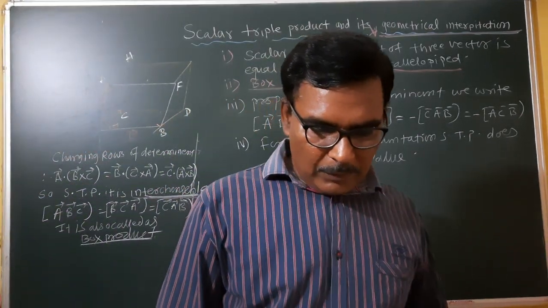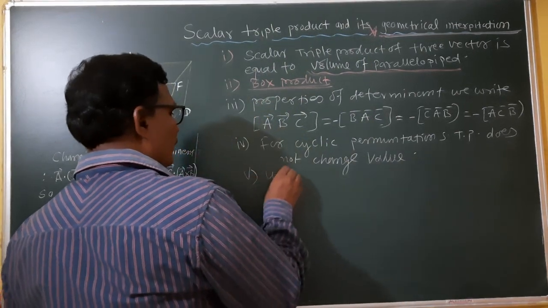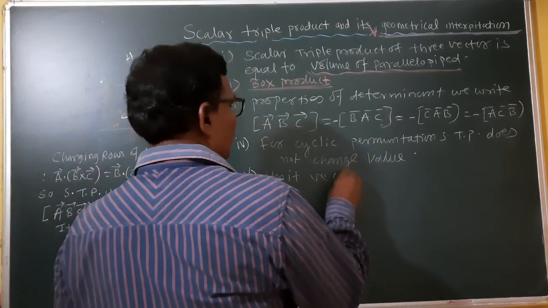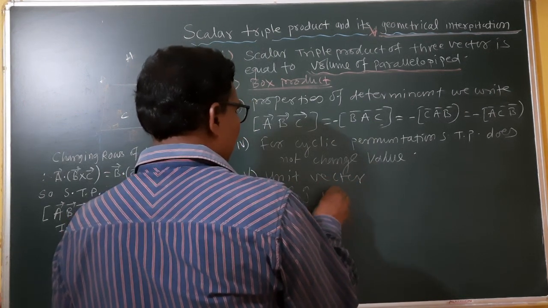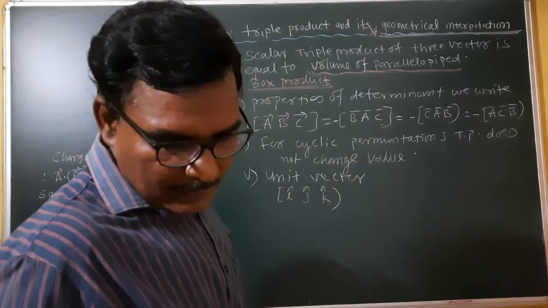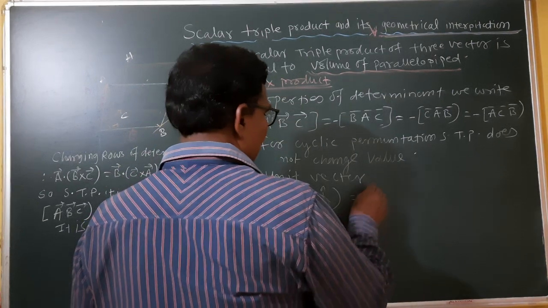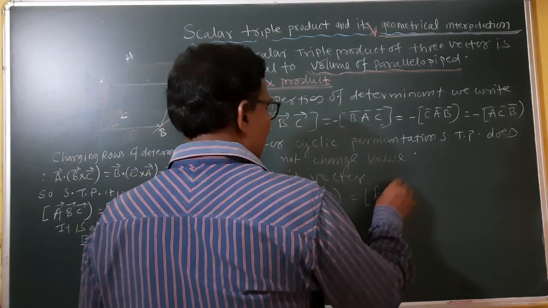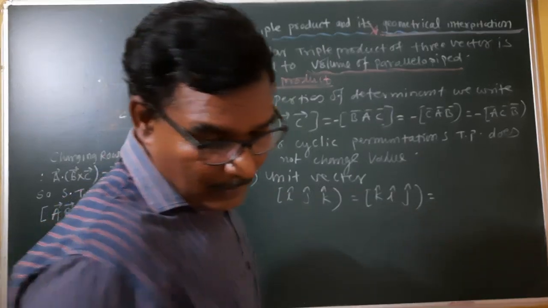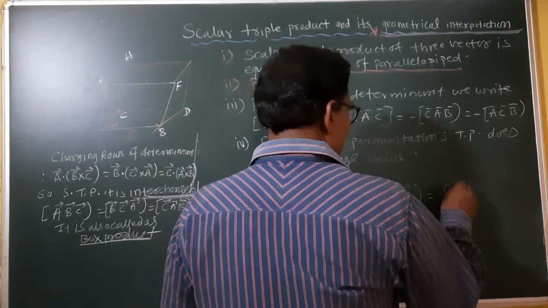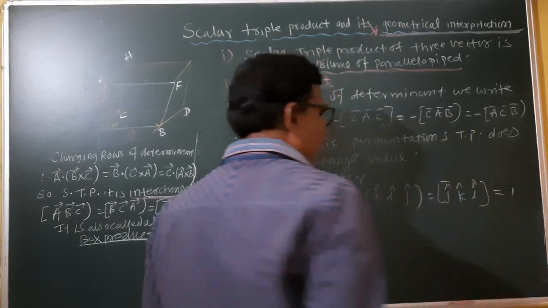This also applies to unit vectors: i cap, j cap, k cap is equal to k i j, which is equal to j k i, and this is equal to 1.